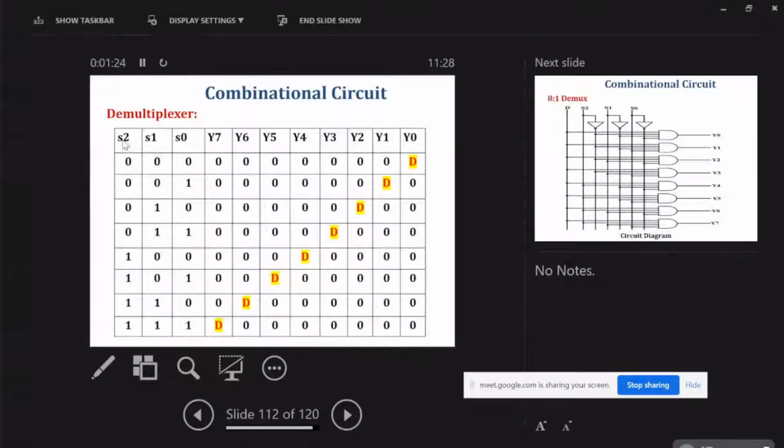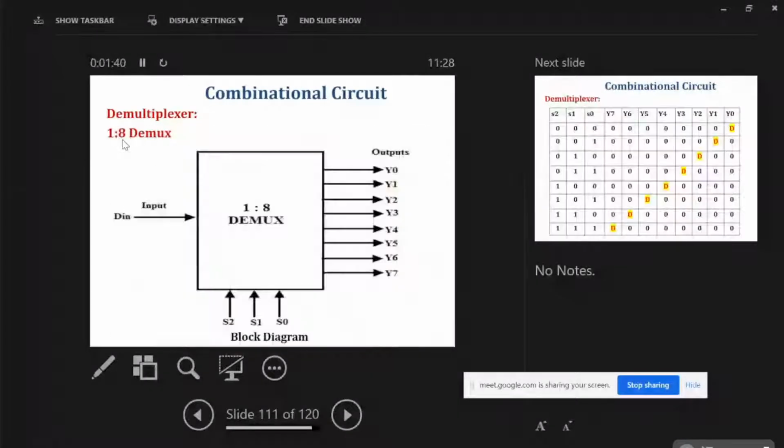These 3 selection lines will have 8 combinations, and for each combination one output line will take the input. Suppose the input is D in or D, and the output lines are Y0, Y1, Y2, Y3, Y4, Y5, Y6 and Y7. For these 8 output lines, we need to find the Boolean expression.